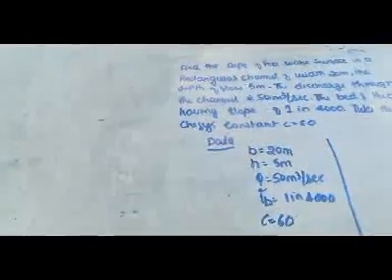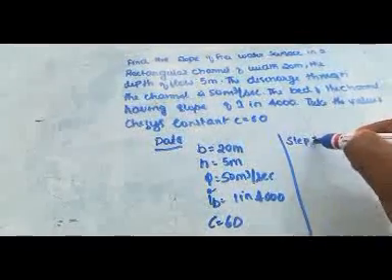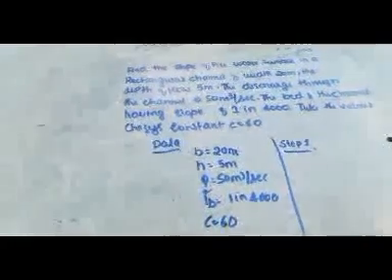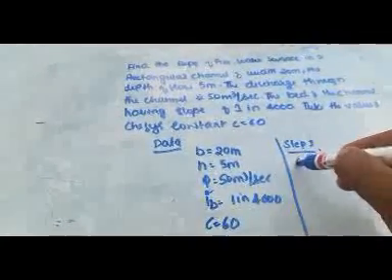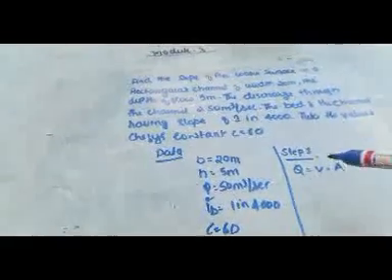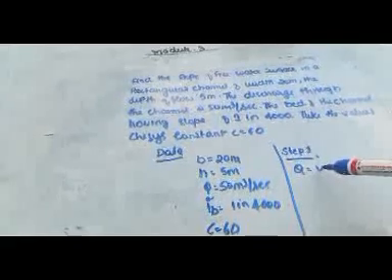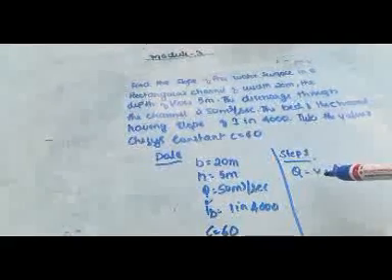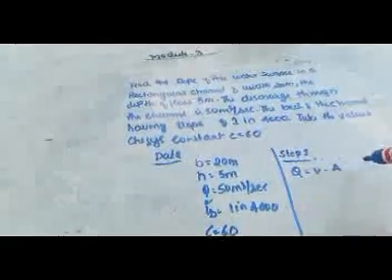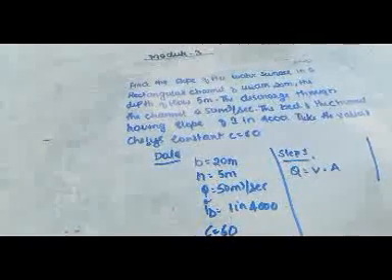First we are having the formula. Step 1, applying the formula, Q is equal to V into A. Here they given discharge Q, and velocity we don't know because we are having the Church's constant C is equal to 60, and area we can find out as B into H, 20 into 5.